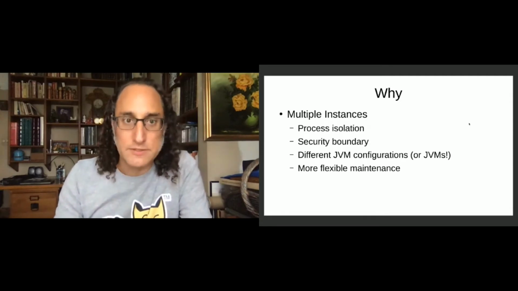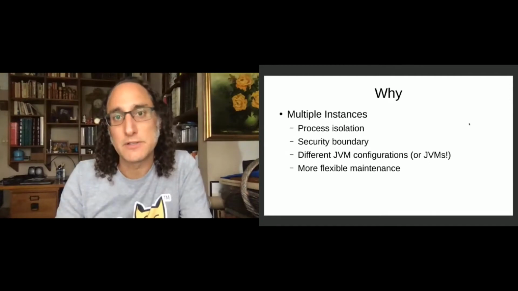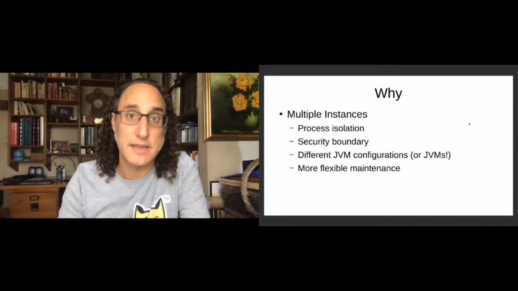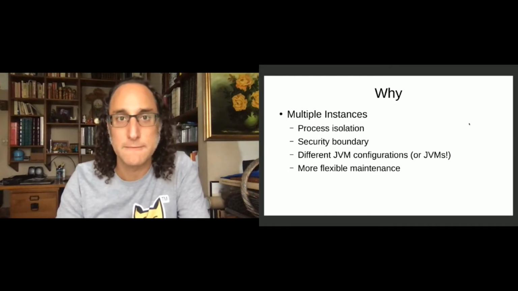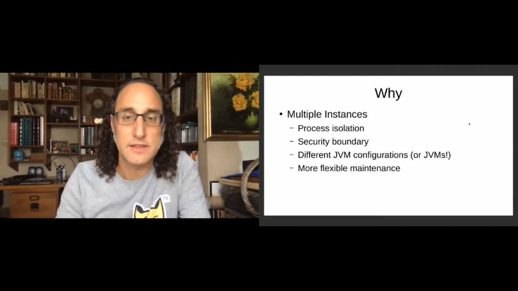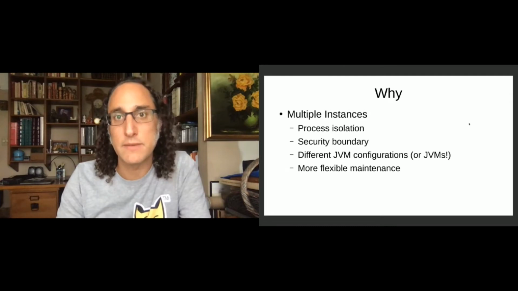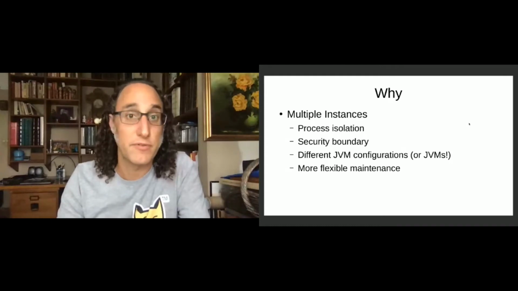Why would you want to run multiple instances? You might want process isolation. So this would be multiple instances simultaneously alongside each other on the same server or on the same virtual machine. You can isolate the applications that are running in them from each other. So if one of them is untrustworthy or has some kind of problem which is making the JVM unstable, you can prevent one application from interfering with the other.